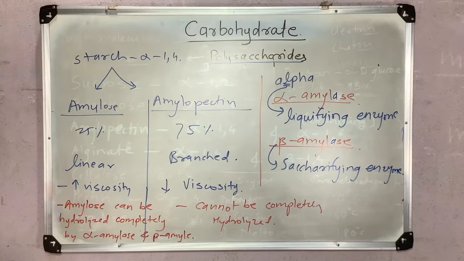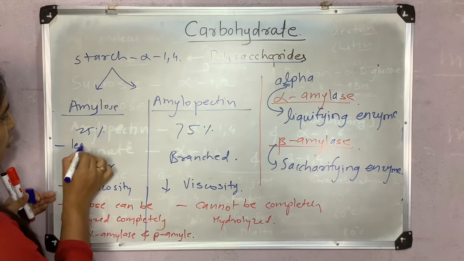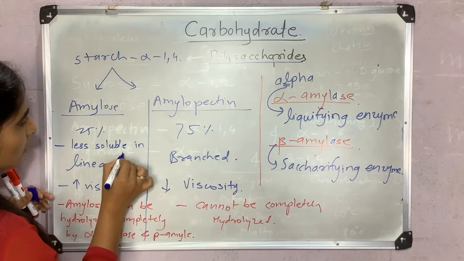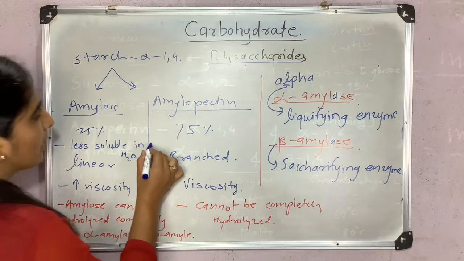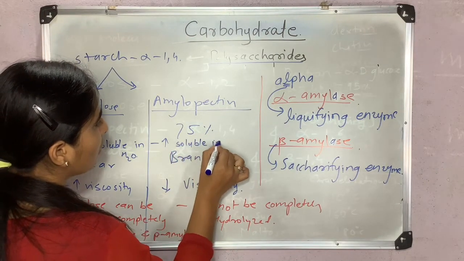Write this. Amylose is less soluble in water and amylopectin is more soluble in water.